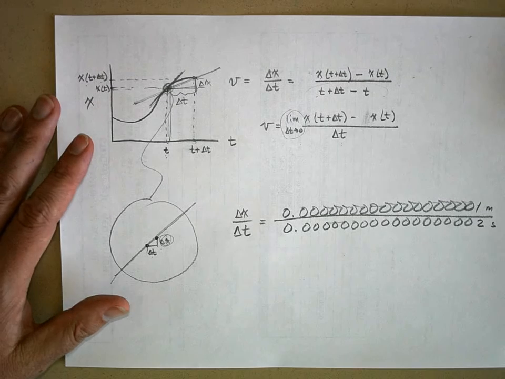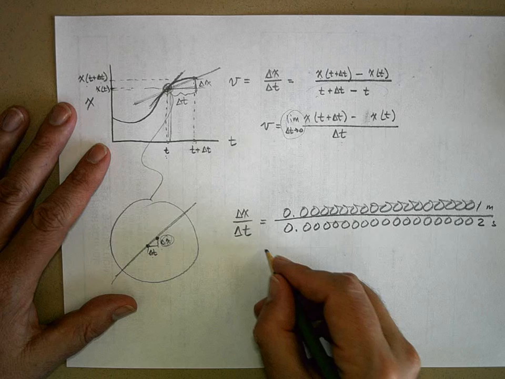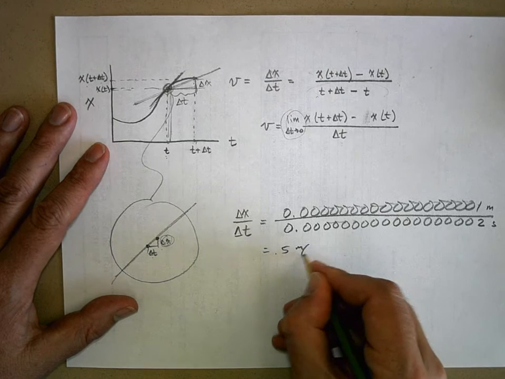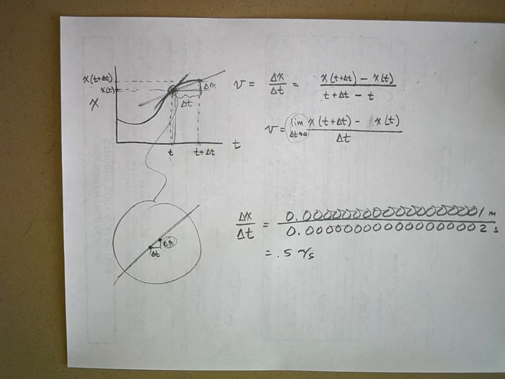Now what is this equal to? It's equal to 0.5 meters per second. Is that okay? Yes, that's legal. The mathematical gods are satisfied.